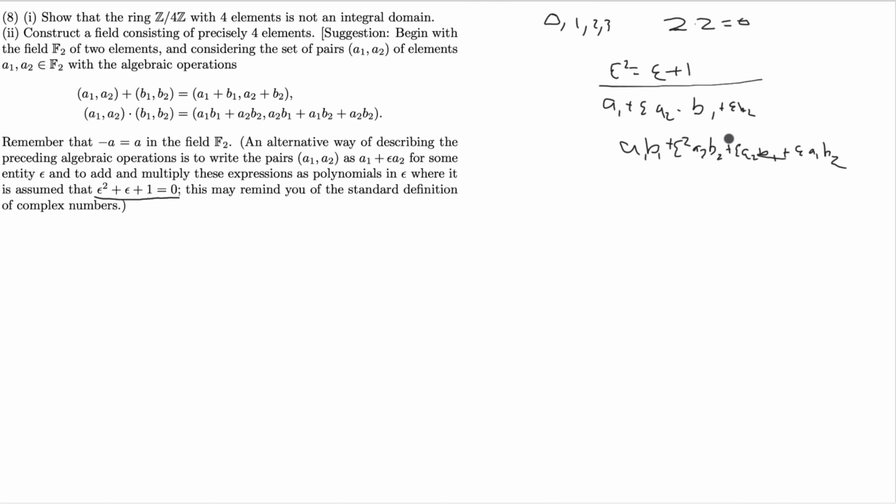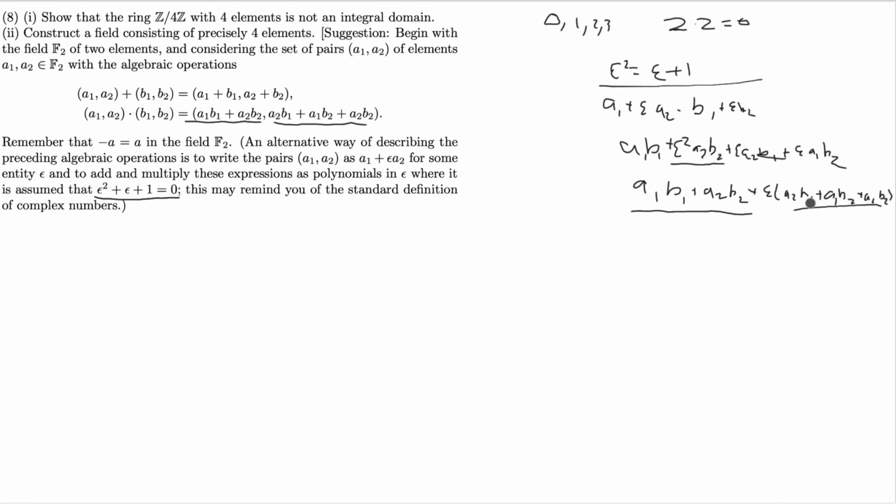We've just shown that epsilon squared is equal to epsilon plus 1, and then distribute that here. So you get A1 B1 plus A2 B2 plus epsilon outside of A2 B1 plus A1 B2 plus A2 B2. And then you see that this is exactly the same construction, where the first element is A1 B1 plus A2 B2, which is the non-epsilon elements, i.e. those without an epsilon on them, and then everything with an epsilon can be written like this. So you see that these are equivalent ways of writing them.